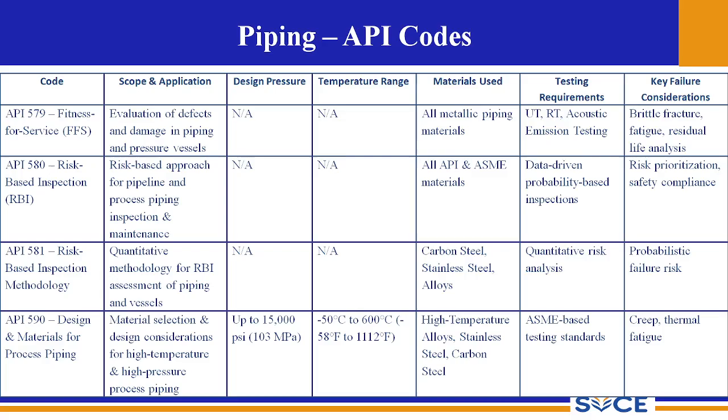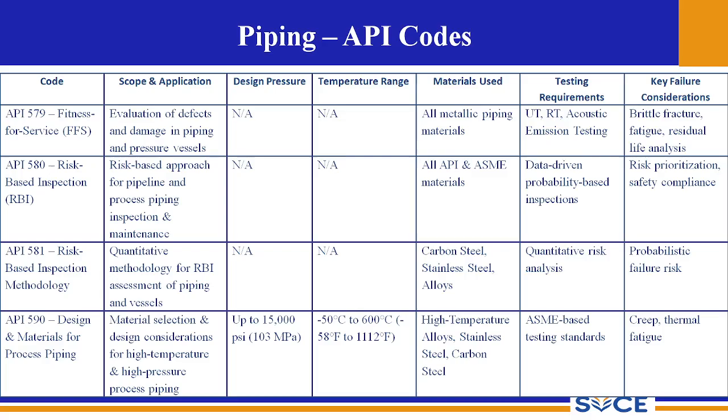Then API 579, the fitness for service. When we are using this code, we need to check for the fitness of the pipeline to evaluate certain defects and damage in the piping and the pressure vessels. So we need to follow this API 579 code to evaluate the fitness of the pipelines and the pressure vessels.